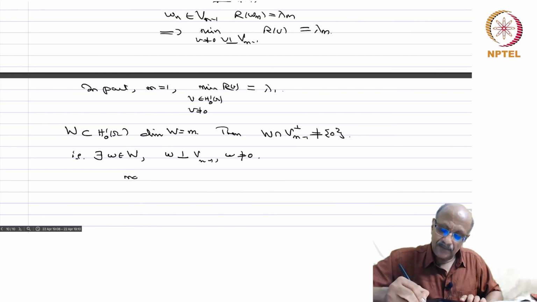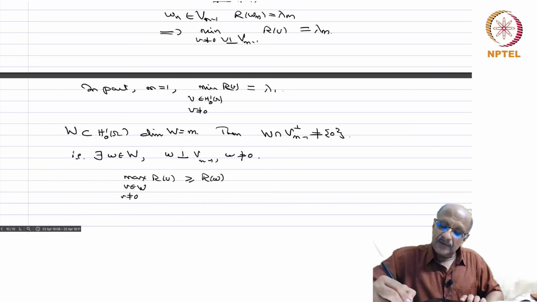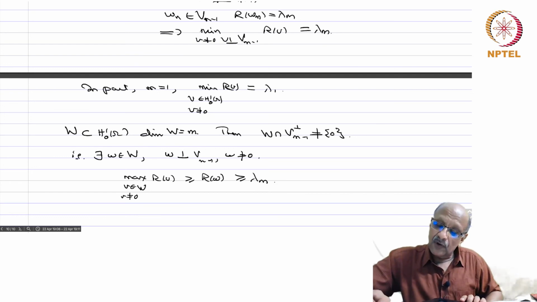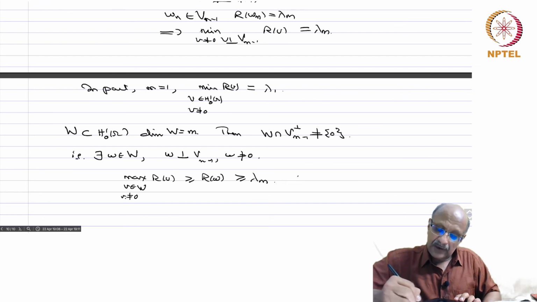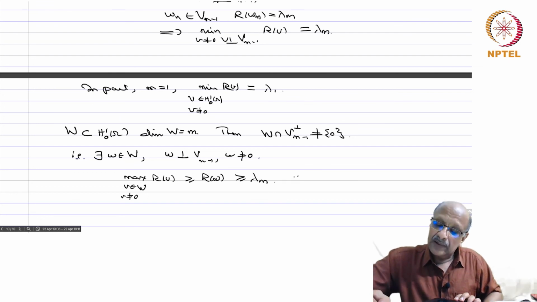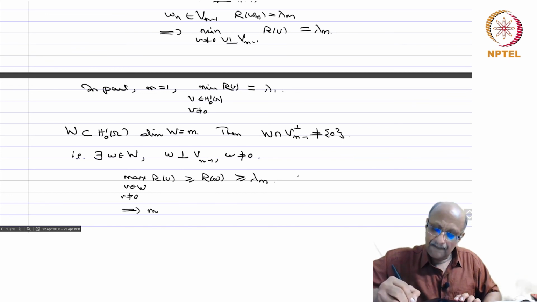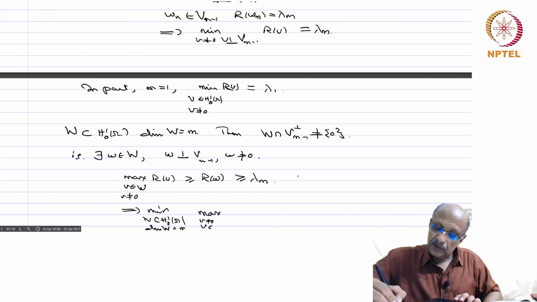Therefore, max of R(v), v in W, v not equal to 0, is greater or equal to R of w, and since w is orthogonal to Vm minus 1, this is greater or equal to lambda m. So, for every m dimensional subspace, the maximum is greater or equal to lambda m. So, this implies that min over W in H10 of omega, dimension W equals m, of max v not equal to 0, v in W, of R of v, is greater or equal to lambda m.